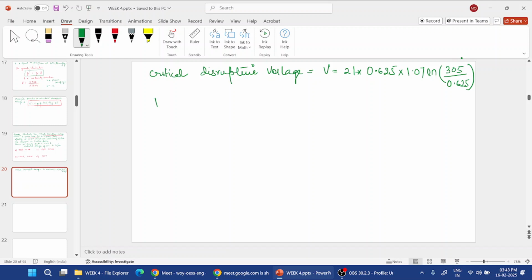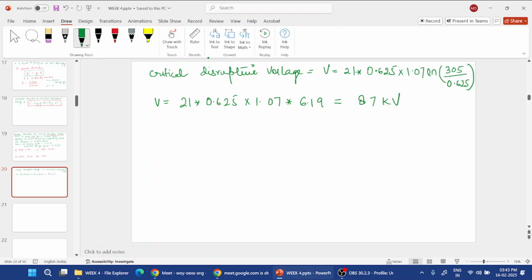So critical disruptive voltage comes out to be 21 into 0.625 into 1.07 into log, this value will be 6.19. So if we see here, it is 87 kV.